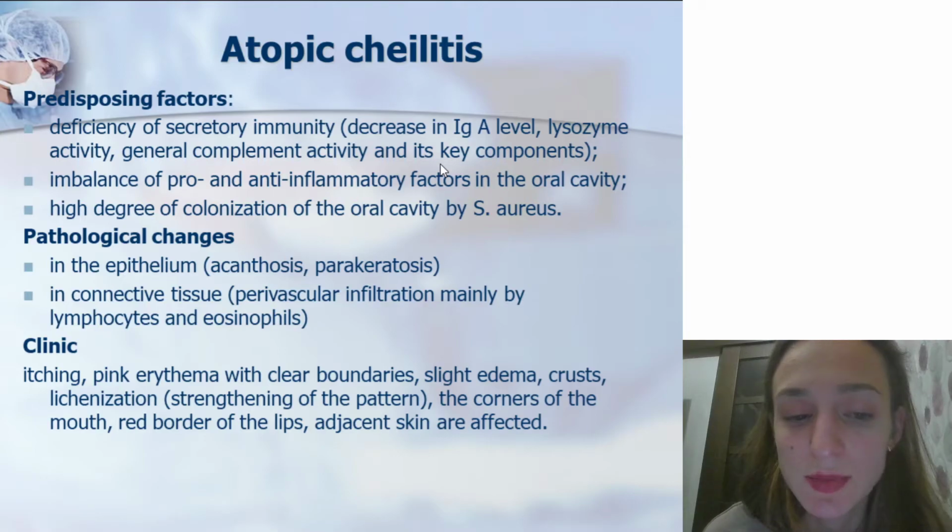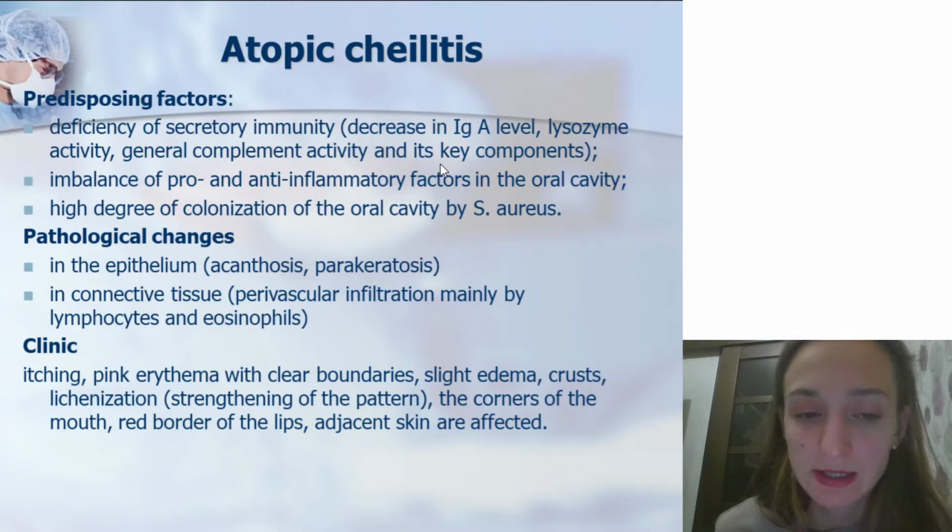It is characterized by a thickening of the skin, its enhanced pattern, and a disturbed pigmentation. The red border of the lips is infiltrated, the lip can increase in size, and its pattern is enhanced.